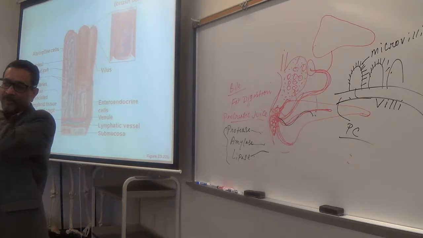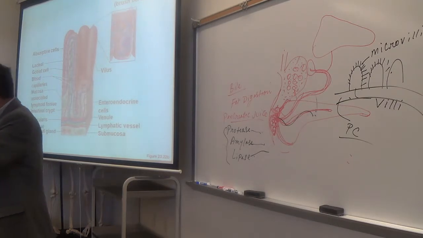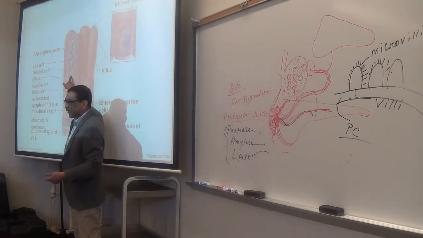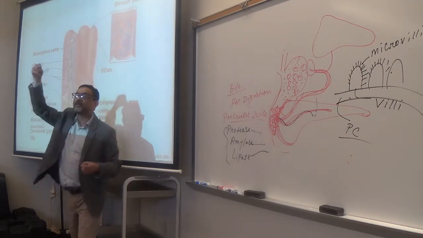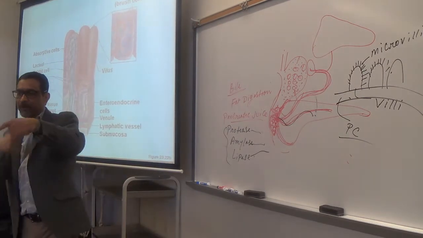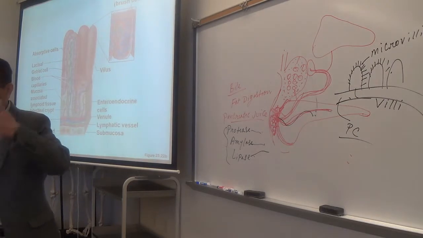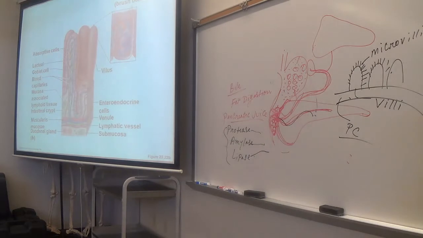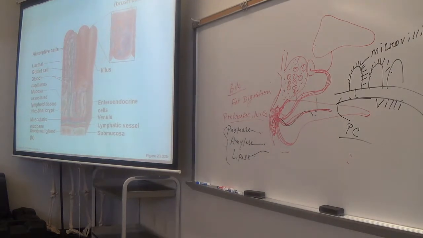Subclavian vein. So lymph will eventually enter into the blood. Those fats will eventually enter into the blood, but through a different route. First they circulate inside the lymphatic system, then go to the blood. So our final goal is entering into the blood.